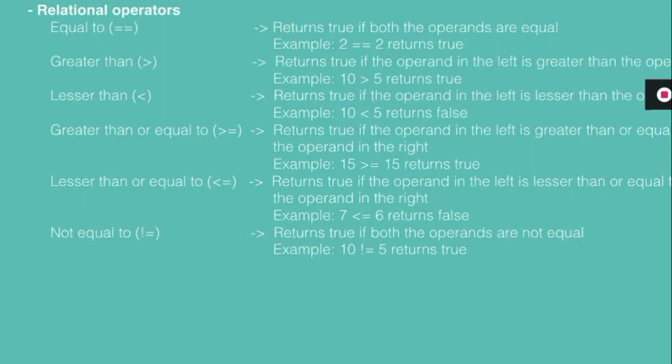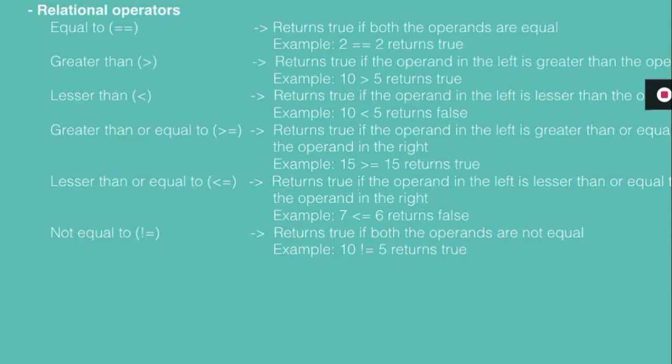So 10 not equal to 5 gives us true. If you want a false over here, you can say that 10 is equal to 10, or like in the above section we have given 2 is equal to 2, so that gives us true. So it's basically the opposite of what we have done.